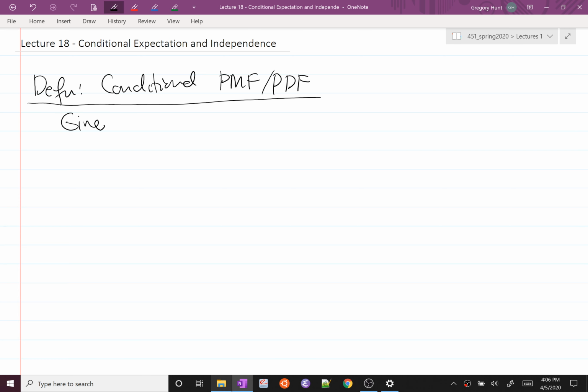Given some random variables x and y, the conditional PMF or PDF of x given y is going to be the joint PMF or PDF at x and y divided by the marginal for y, and we can always flip x and y.